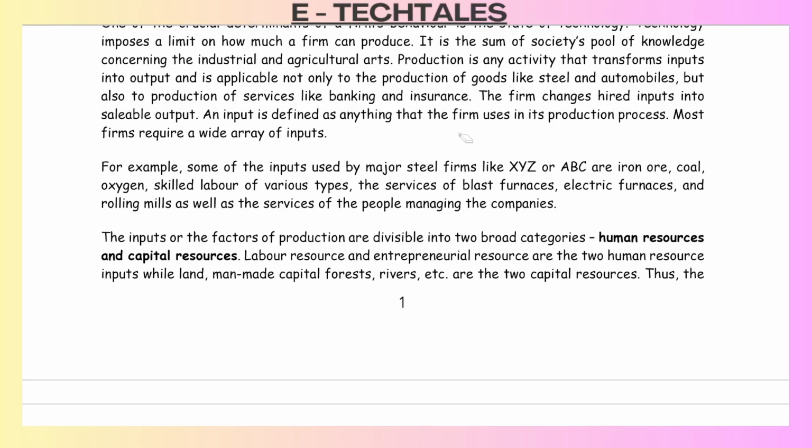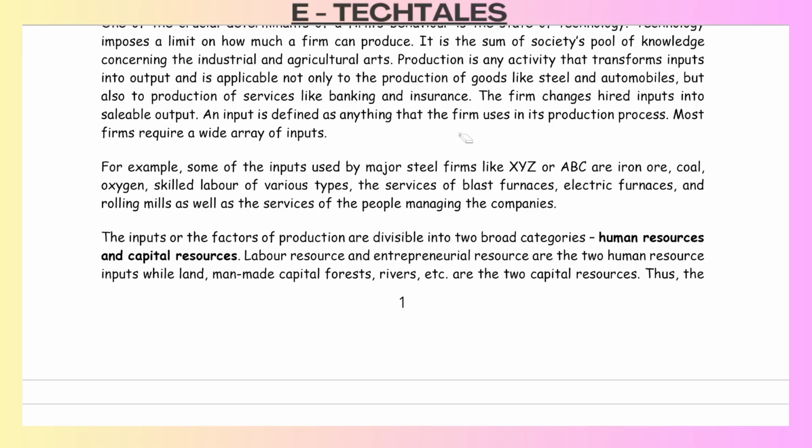These inputs fall into two categories. One is the human resource, which includes labor and entrepreneurship, and the second one is capital resource, like land, the man-made assets, etc.